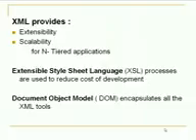Now, XML provides scalability and extensibility specifically for entire application. Extensible style sheet language processors are used to reduce cost of development. These languages are briefly called XSL. Document Object Model (DOM) encapsulates all the XML tools.